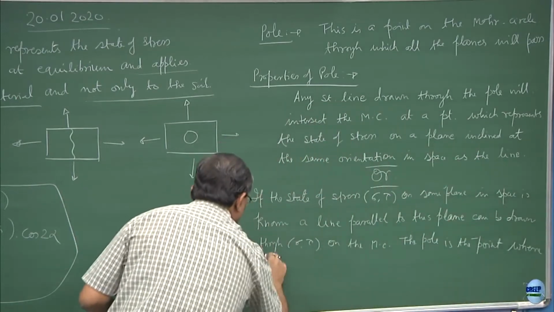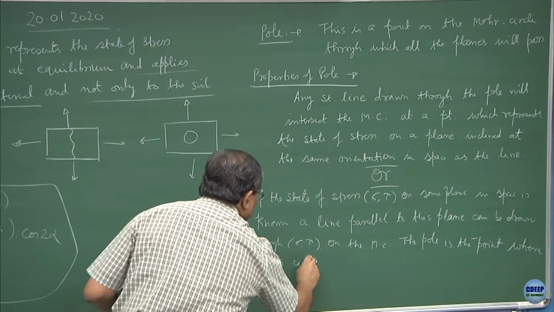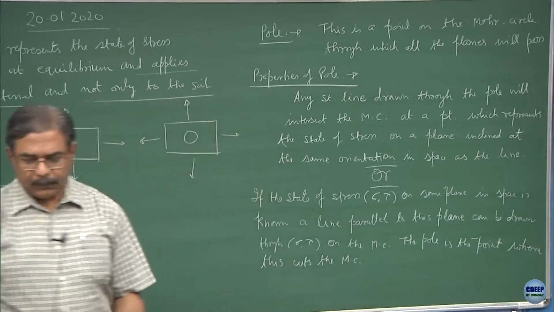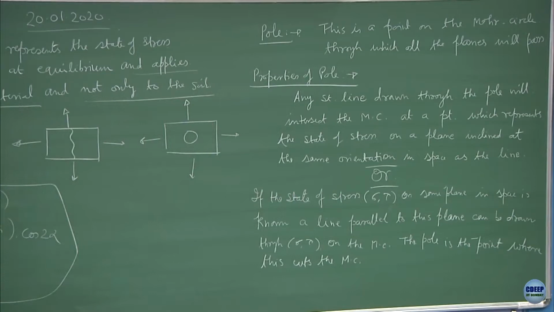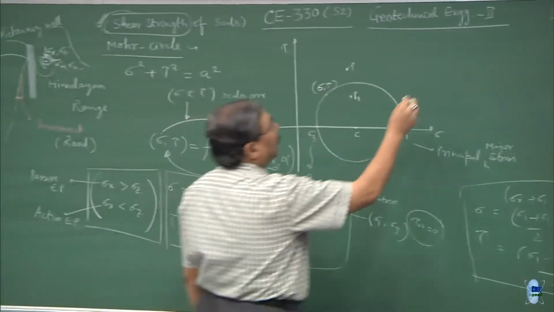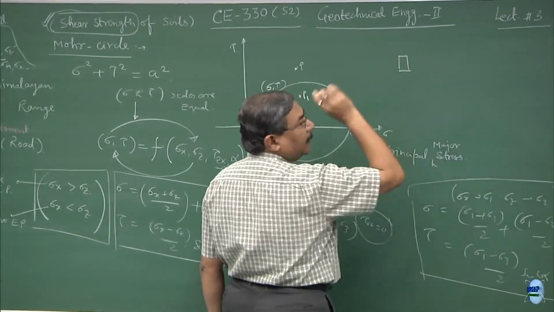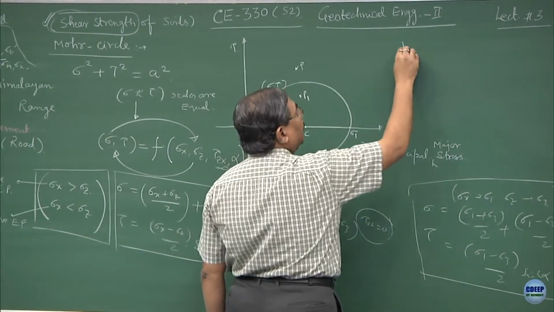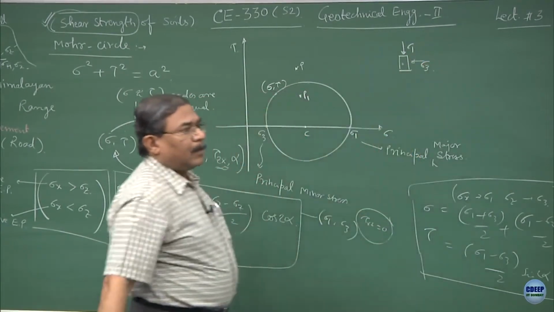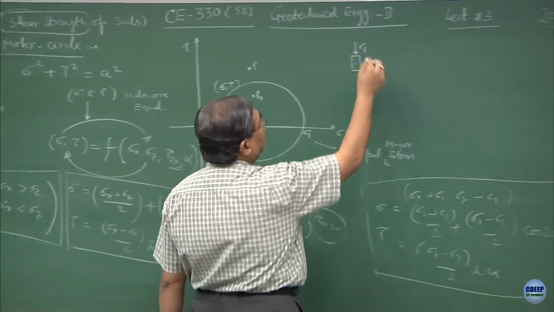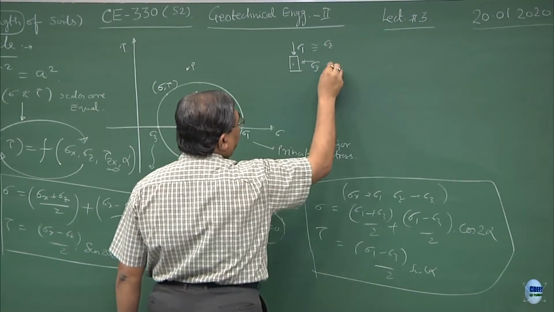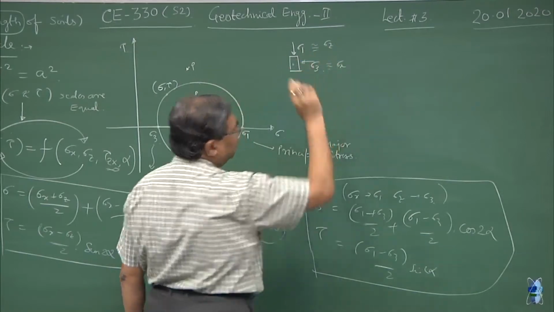Where this cuts the Mohr circle. In simplest possible form, at this point, if I show the element, this is sigma 1, this is sigma 3, and we are assuming that sigma 1 is equivalent to sigma z and sigma 3 is equivalent to sigma x.